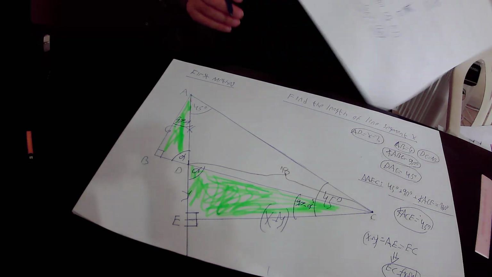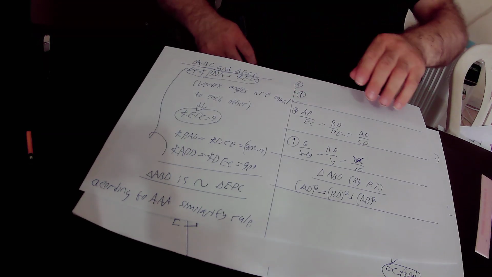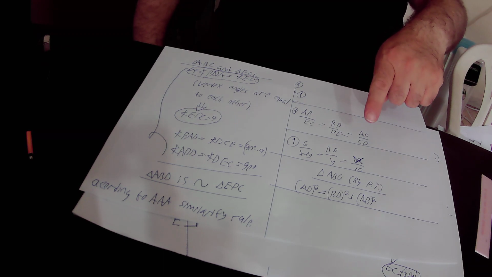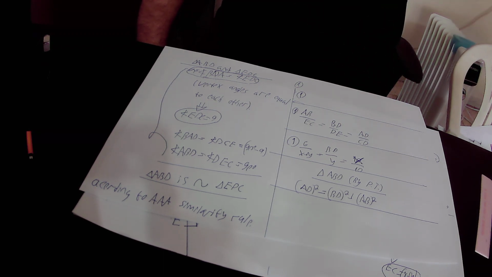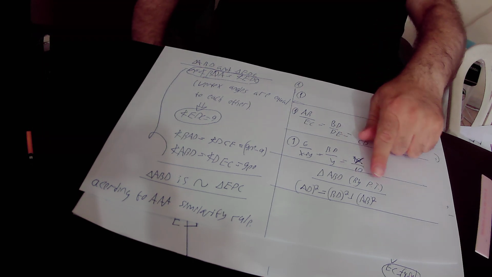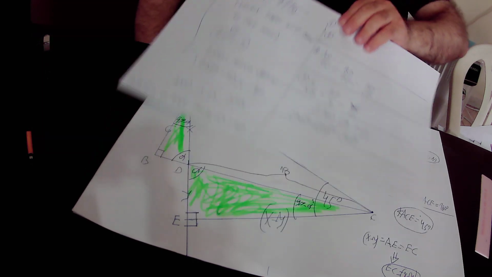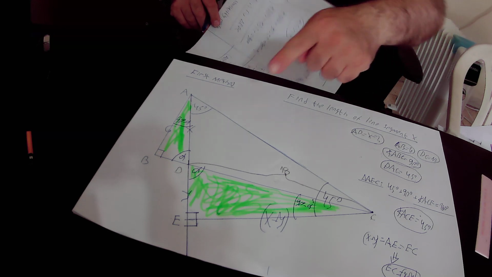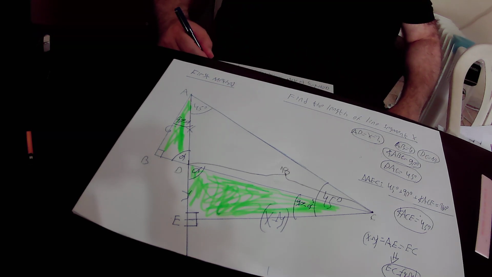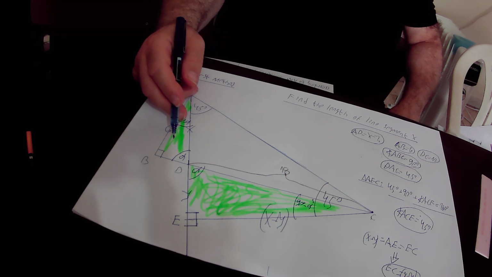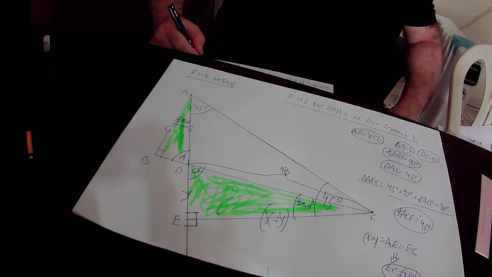I'll repeat again. According to the Pythagoras theorem, in the right triangle ABD, we get that AD squared equals BD squared plus AB squared. AD equals x, according to what is given in the question, so AD squared is x squared, and it is equal to BD squared. BD is the missing line segment, so we leave it as it is. It is BD squared plus AB squared.